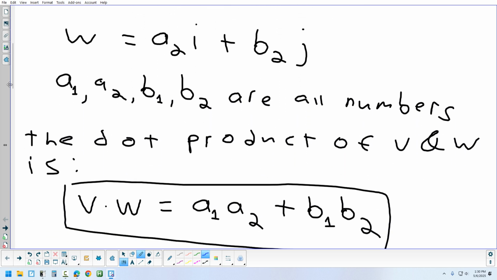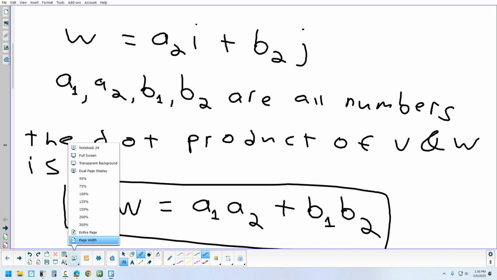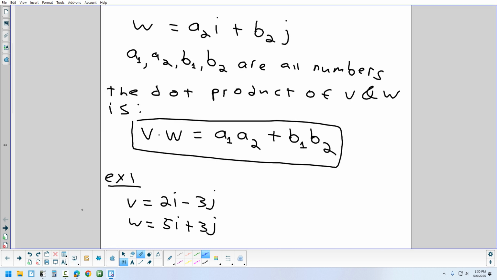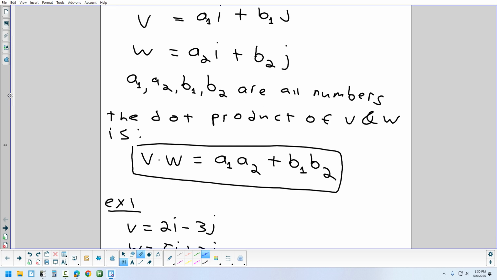That is the formula for finding a dot product between 2 vectors. Very short formula. It's this number times that number, this number times that number, and then add it up. That's called a dot product.